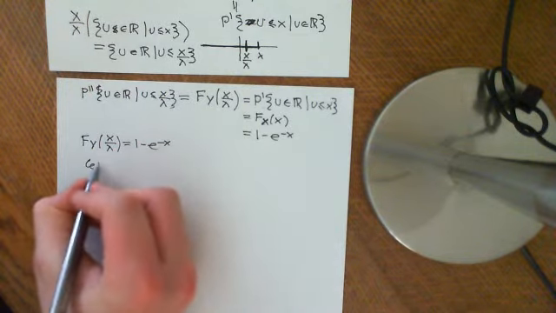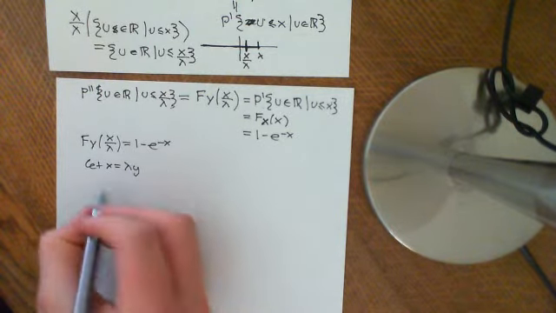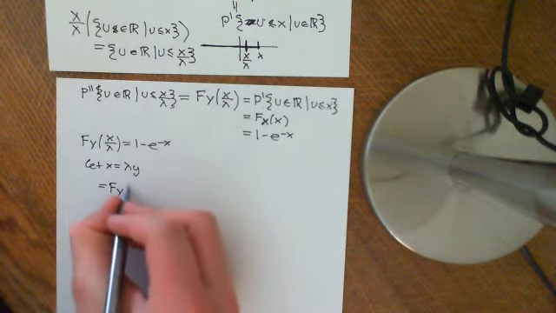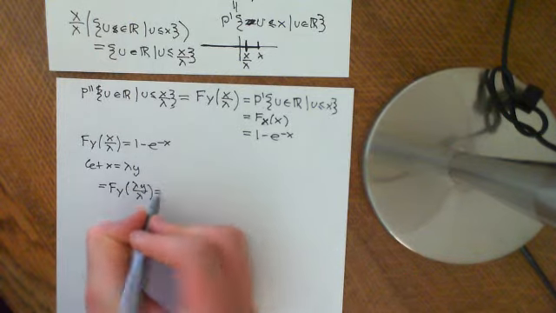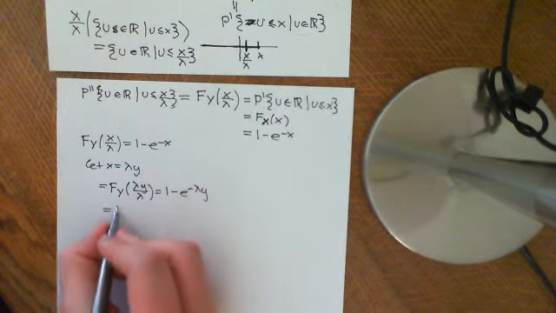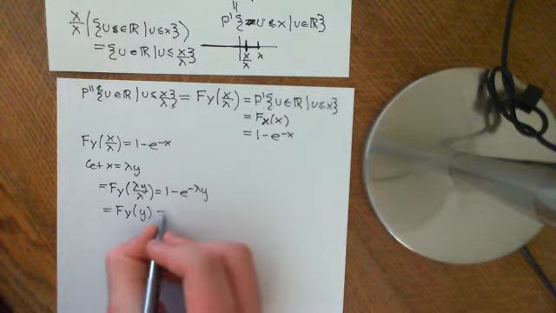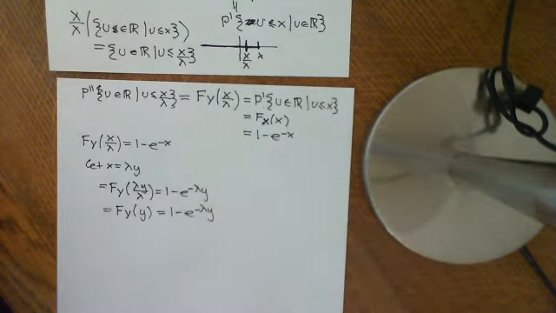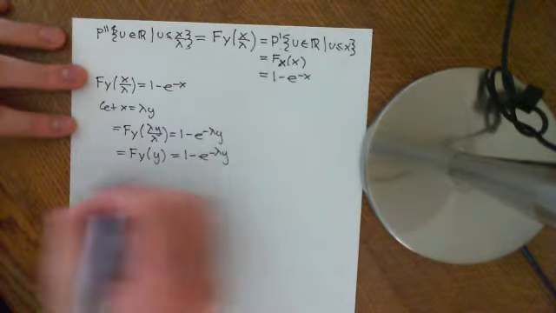Now let x equal lambda times some little y, and we can fill this in. The CDF of the random variable Y at lambda y divided by lambda is equal to 1 minus e to the negative lambda y. So the CDF of Y at a little value y is 1 minus e to the negative lambda y, which is the CDF of a general exponential distribution with parameter lambda.